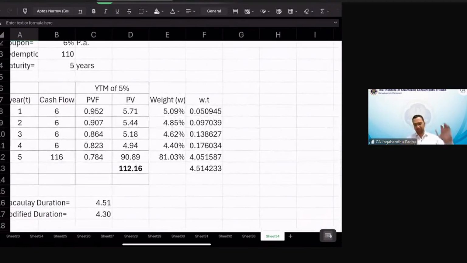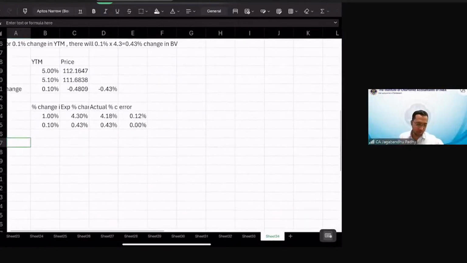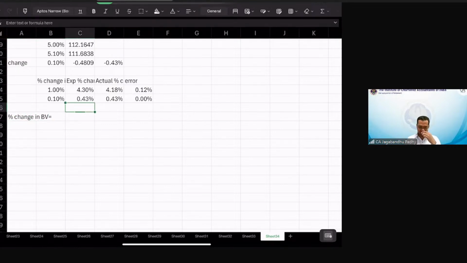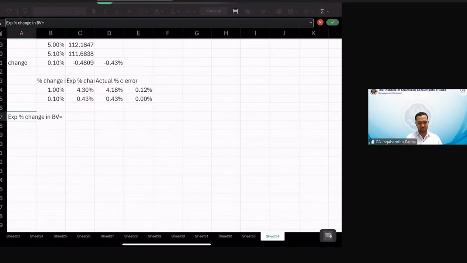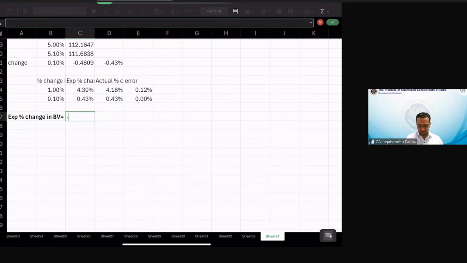Now, how do we add that convexity adjustment? Well, when we were looking for how we calculate the percentage change in bond value, this expected percentage change in bond value, we have been computing it as, since there is an inverse relation, minus modified duration into change in YTM, right guys?